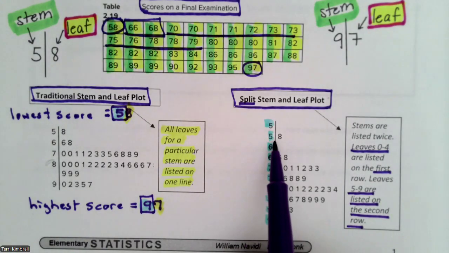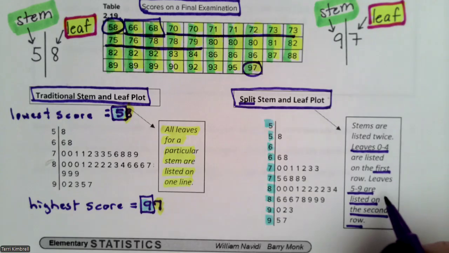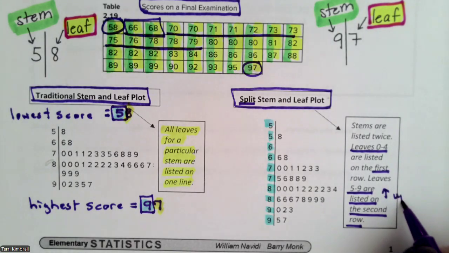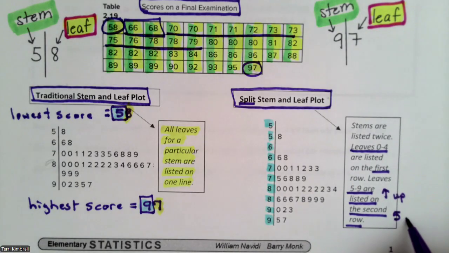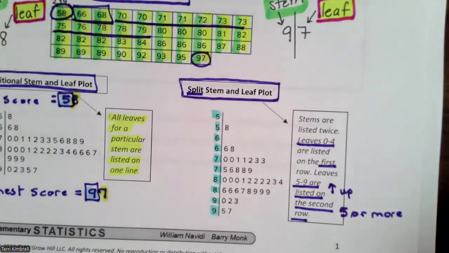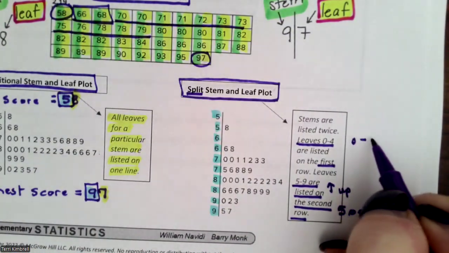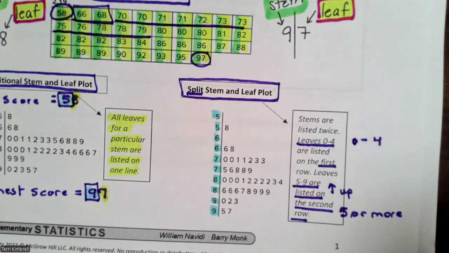So 58 is on the second row because it is between 5 and 9. So think about that as rounding up. So anything that is 5 or more will be on the second line. Anything that is 0 to 4 will be on the first line.